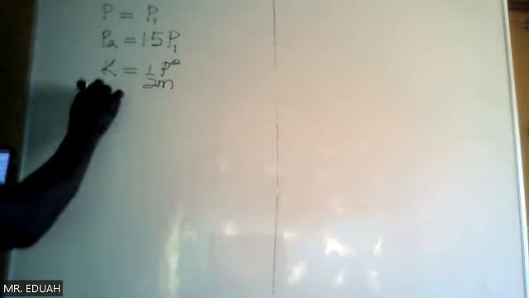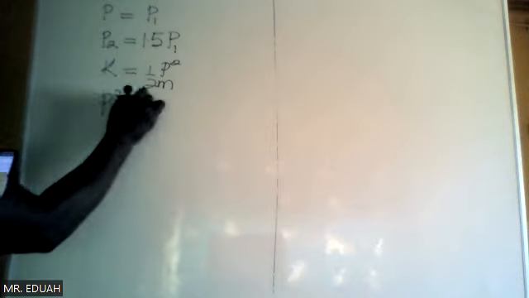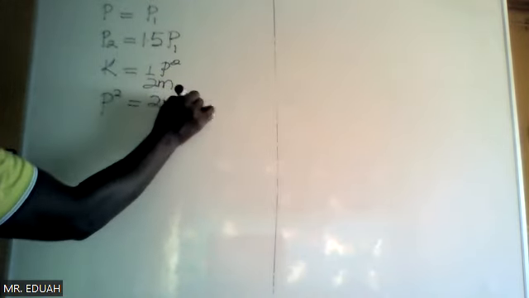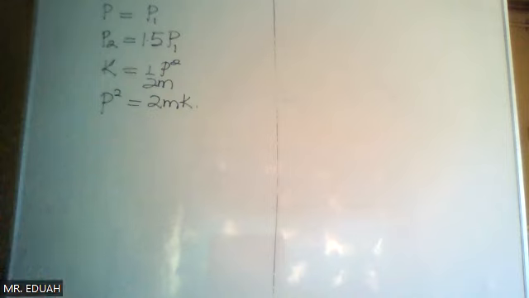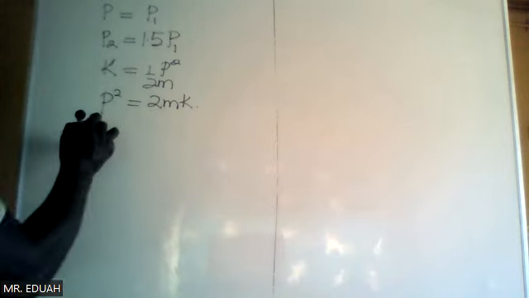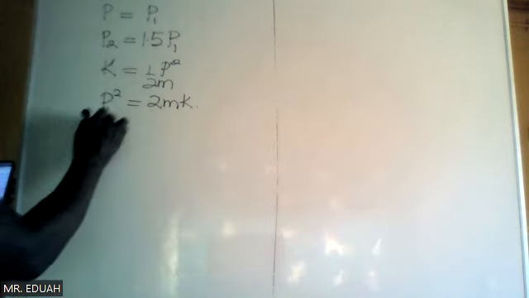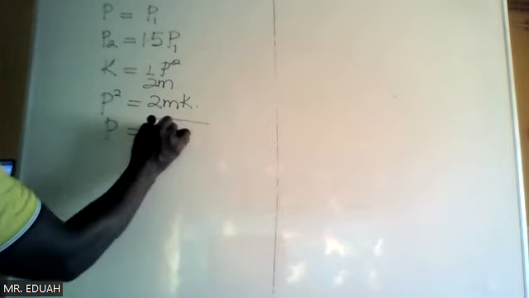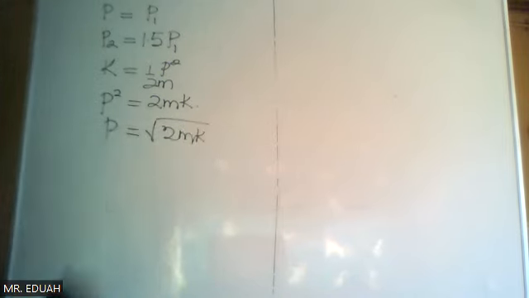That's the relationship momentum has with kinetic energy. So P squared is equal to 2mK, and P is equal to root of 2mK1. So now we are looking at the effects on kinetic energy if momentum is increased.